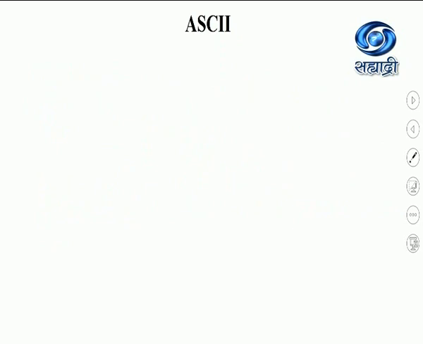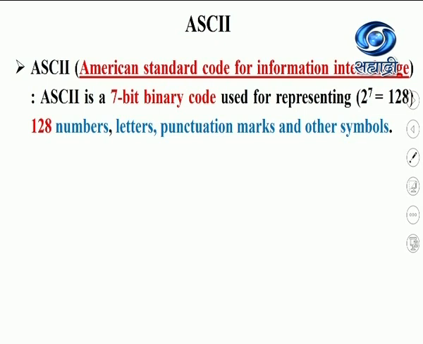Now let us see the next code, that is ASCII code. ASCII, its full form is American Standard Code for Information Interchange. ASCII is a 7-bit binary code used for representing 128 numbers, letters, punctuation marks, and other symbols.